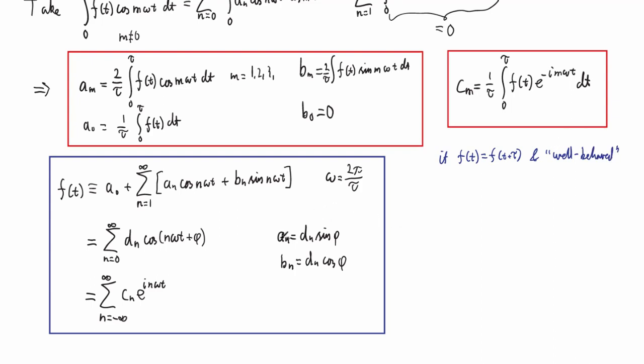So this is true as long as f of t is periodic with period tau and is sufficiently well behaved. And by that I mostly mean that these integrals actually have to exist. So this is Fourier series. You should already be quite familiar with it.